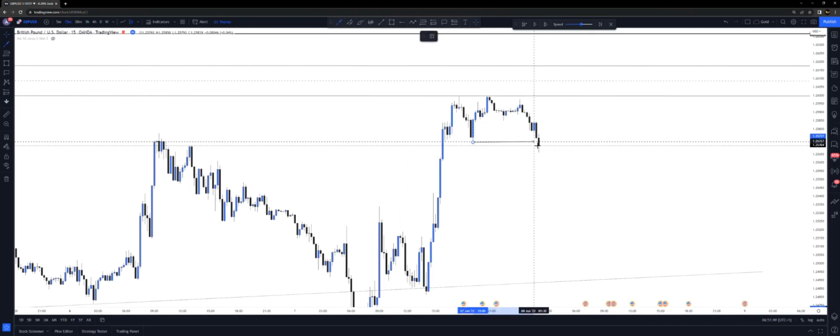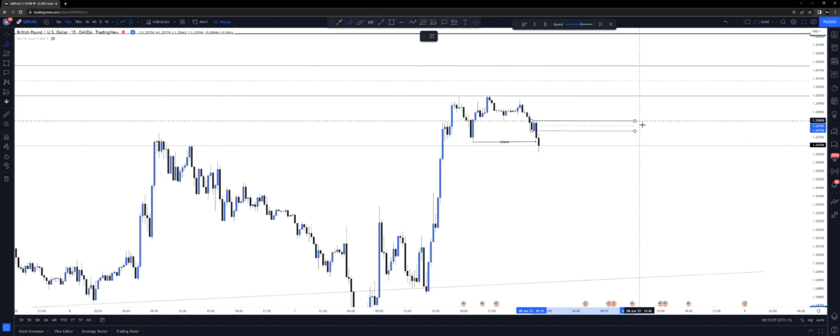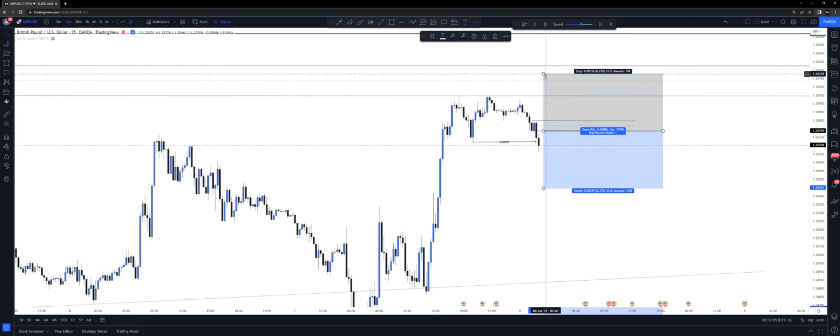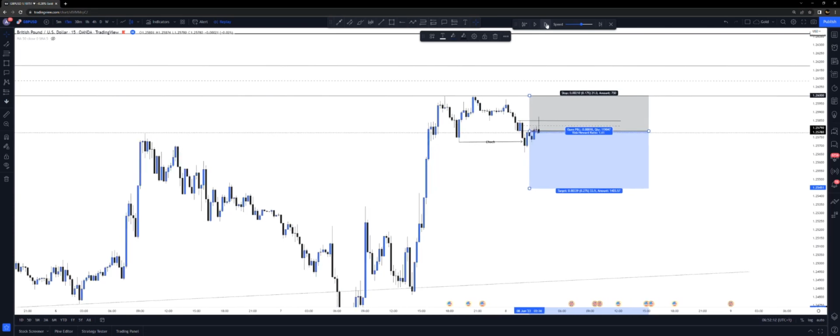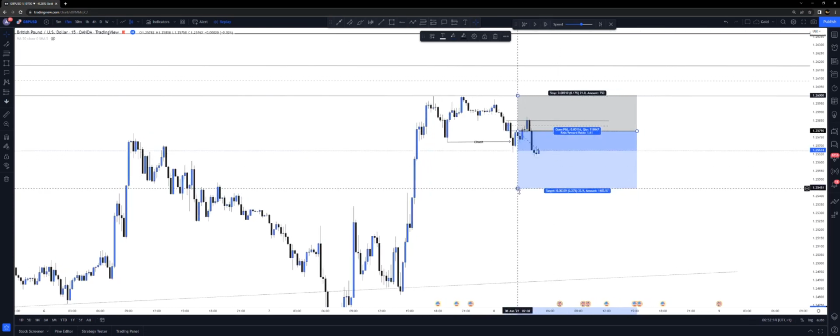Change of character, we got our change of character. So our entry is right here. Stop loss. So let's see if we got triggered on our trade. So that was triggered. Fine.